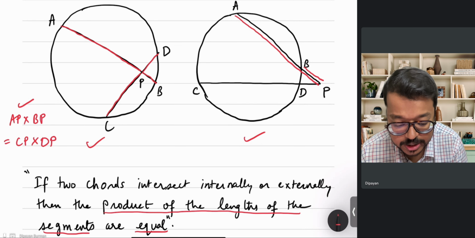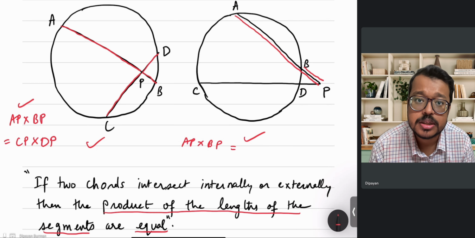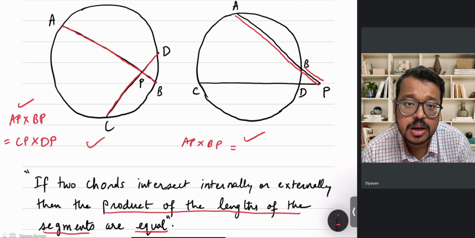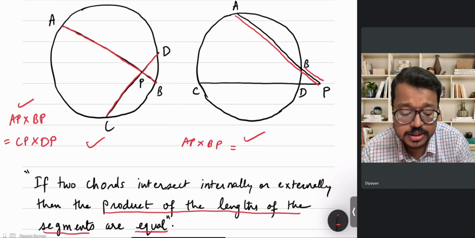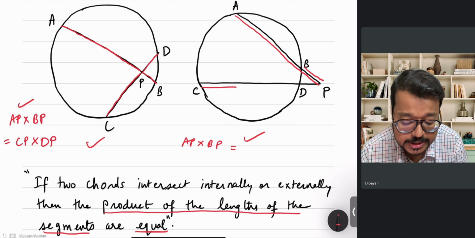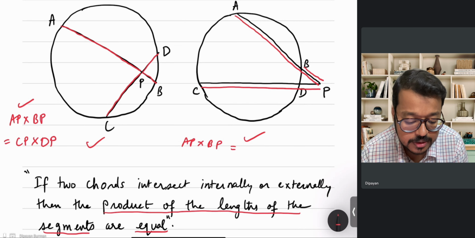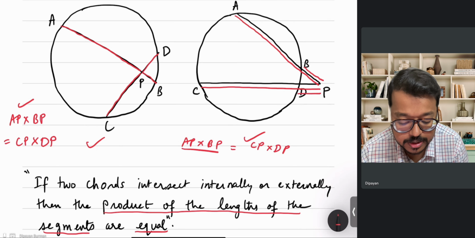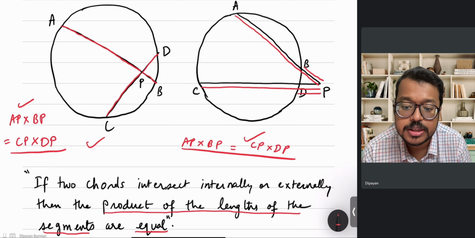So again, the product AP into BP will be equal to the product of the segments of the other chord. The other chord CD has segments CP and DP, so the product CP into DP. So it's the same result in both the situations.